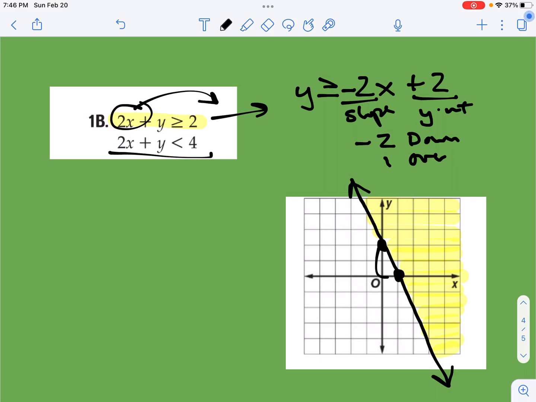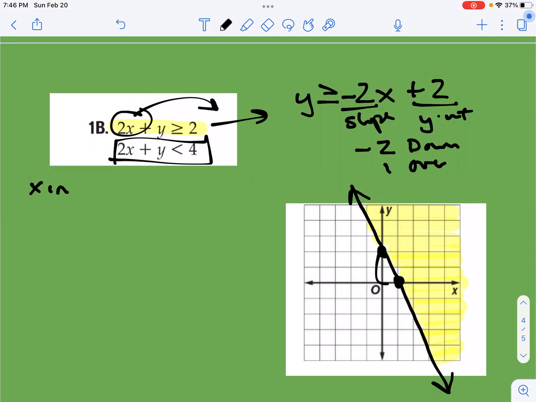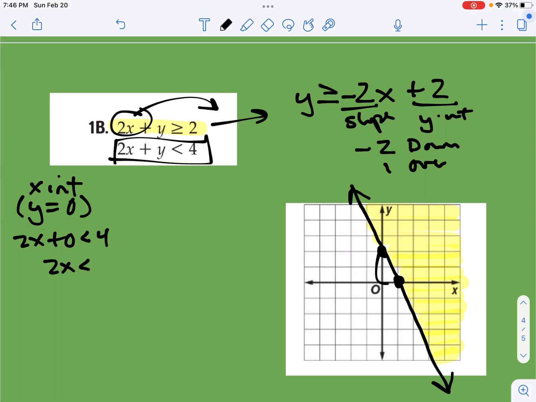All right, let's do this one right here using intercepts. To find my x-intercept, I'm going to make y equal to 0. So you get 2x plus 0 less than or equal to 4. You get 2x less than or equal to 4, divided by 2, you get x. And remember, we're just doing intercepts, so just treat that like an equal sign.